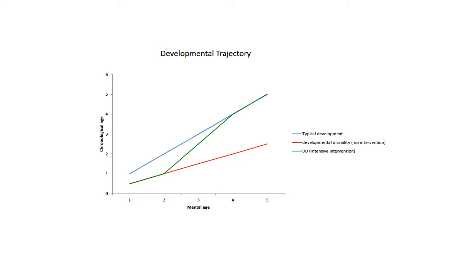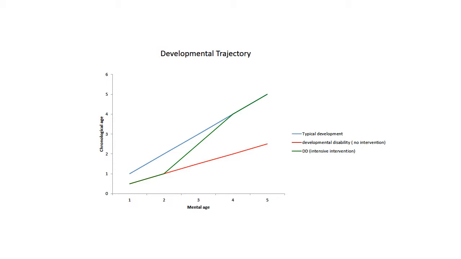The red line is a developmental trajectory of someone who's falling behind, perhaps because of a developmental disability or disorder such as autism. Here, maybe that 1 year old person mentally is also like a 1 year old chronologically, but that trajectory starts to slow down. It starts to decrease.